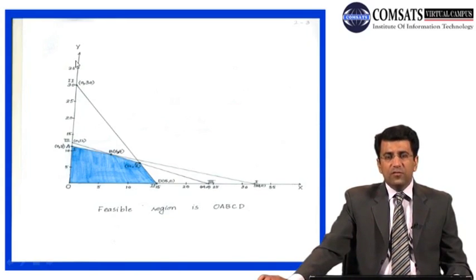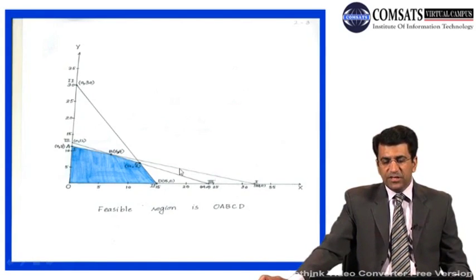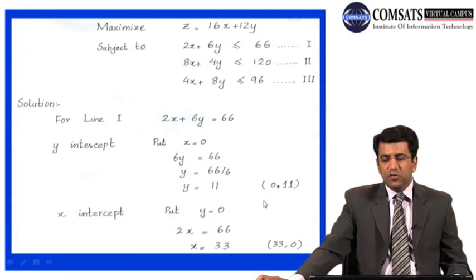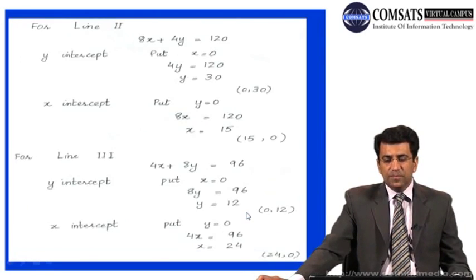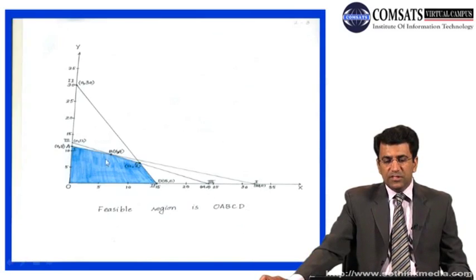Now we have to draw those lines on this graph. This is our first line. What were the coordinates for the first line? That was (0, 11) and (33, 0). So this is the point (0, 11) and this is the point (33, 0).